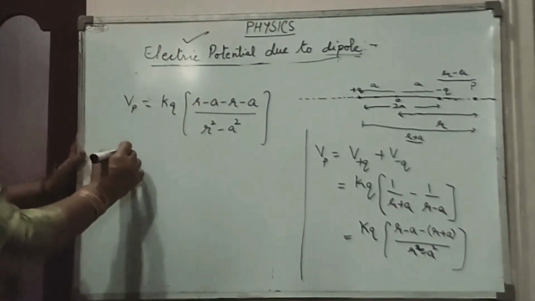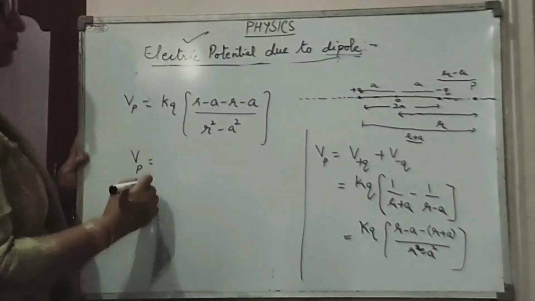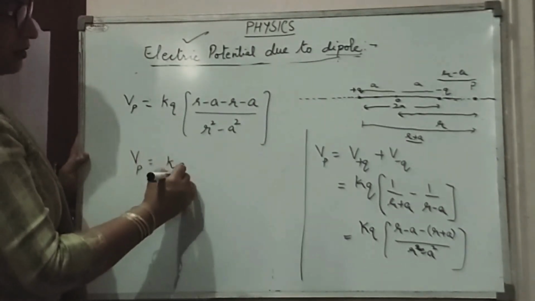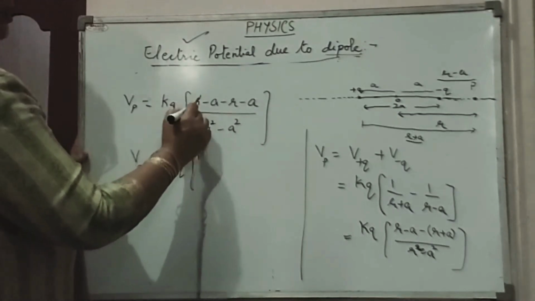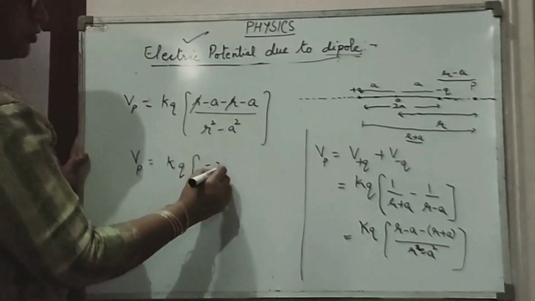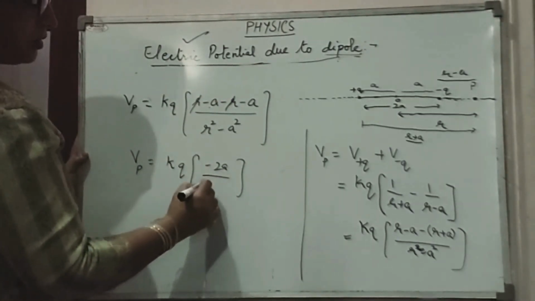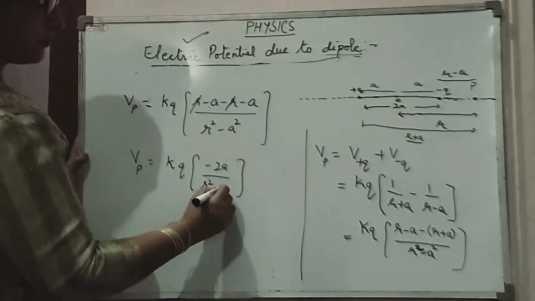So the result is KQ, R cancels out, minus 2A upon R square minus A square.